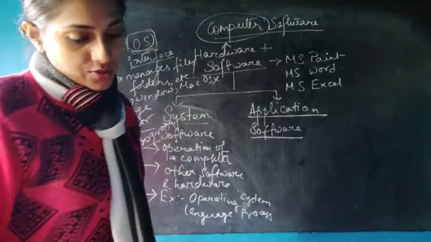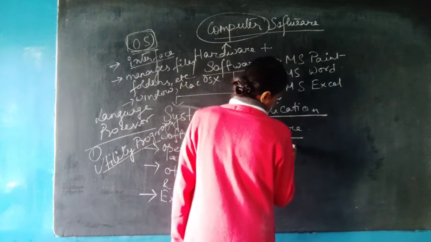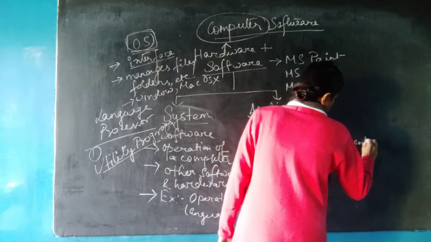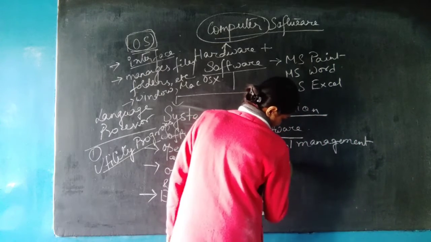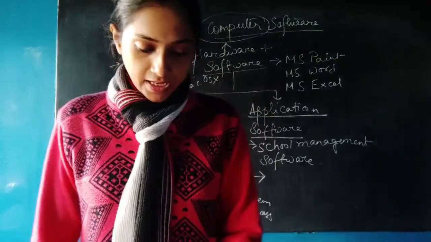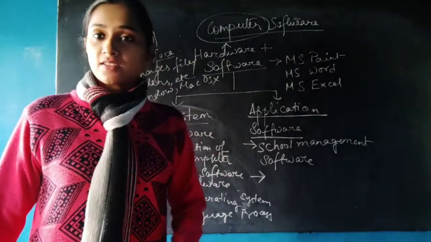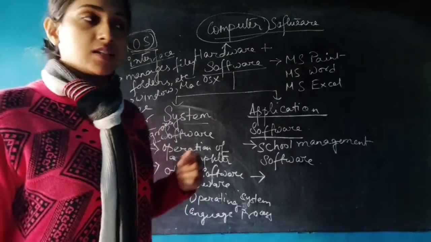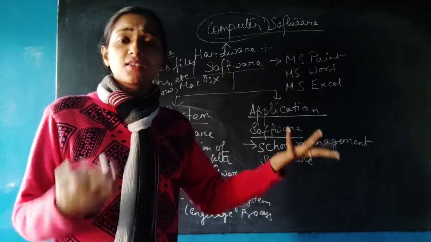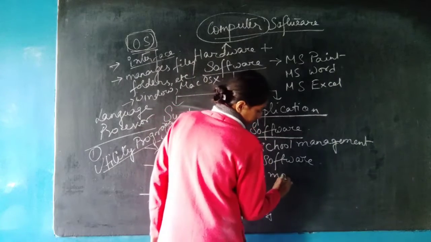Examples of application software: number 1, school management software. Number 2, movie ticket booking software, that is Book My Ticket. It is used for booking many kinds of tickets like movie tickets, theatre tickets, stadium tickets.